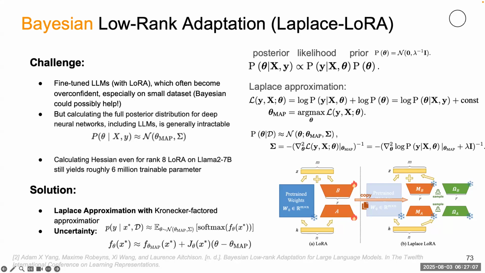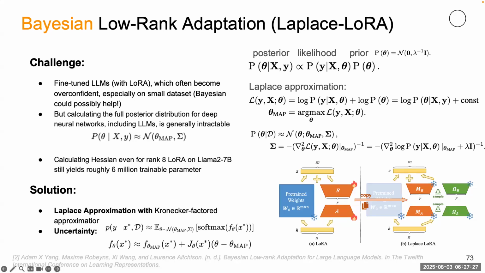Even with LoRA previously, it always becomes overconfident, especially when you have a small dataset. Usually when you train with LoRA, you want to fine-tune on your own dataset, and that dataset is comparatively small.